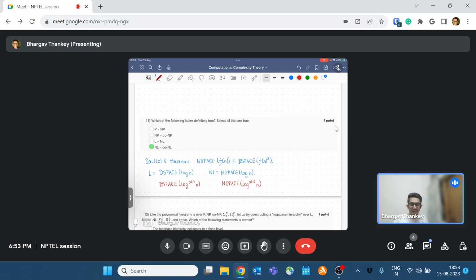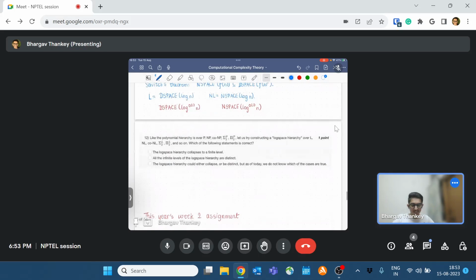Then L would be equal to NL. But both of them are strictly log space, so they are not the same. Yeah, okay. So only D is correct: NL equals co-NL, and that is because of the Immerman-Szelepcsényi theorem.